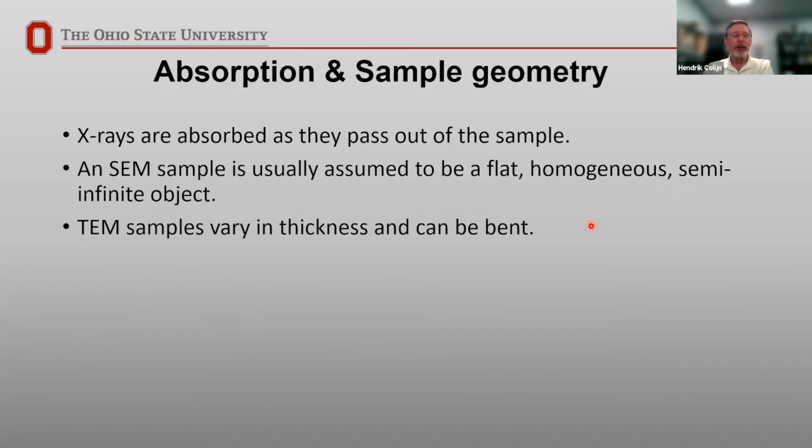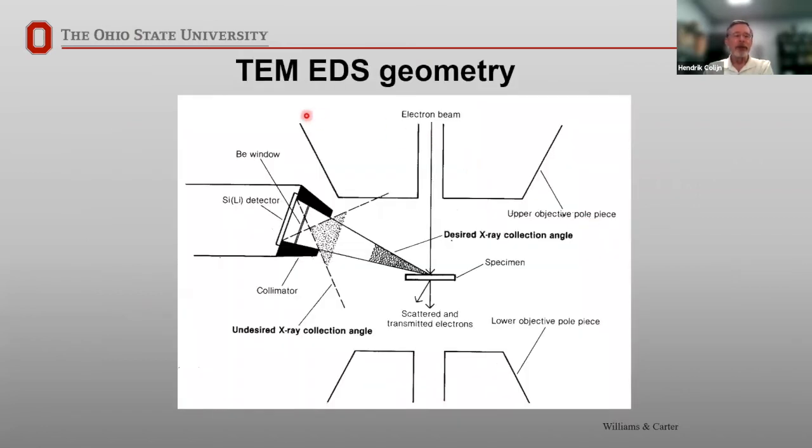Very schematically, what you have in a TEM is two pole pieces now instead of one like you do in an SEM. Your detector is right up tight against the pole pieces. You do have a little collimator here, but generally it isn't overly effective. You have your X-rays coming out of the sample, and then your transmitted electrons and your diffracted or scattered electrons coming out.